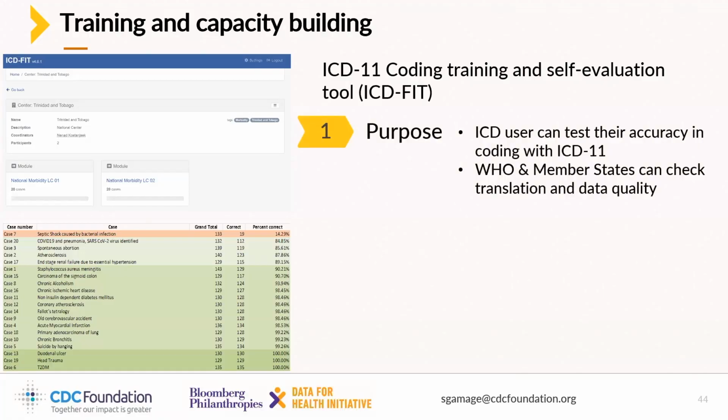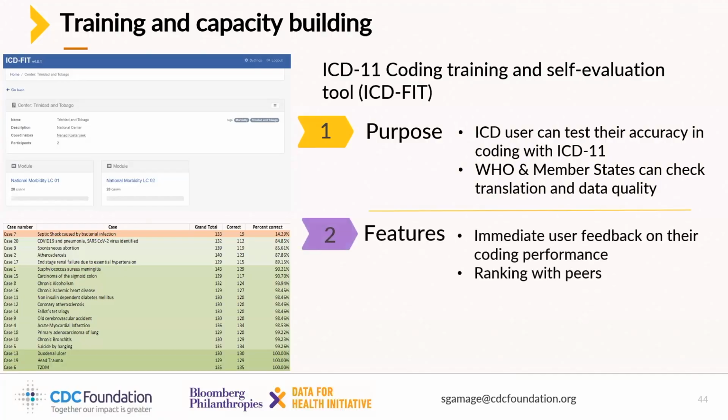ICD users can test their accuracy in coding with ICD-11 using ICD Fit. WHO and member states can check translation and data quality using this tool. So this is the purpose. It has the features. It provides immediate user feedback on their coding performance.